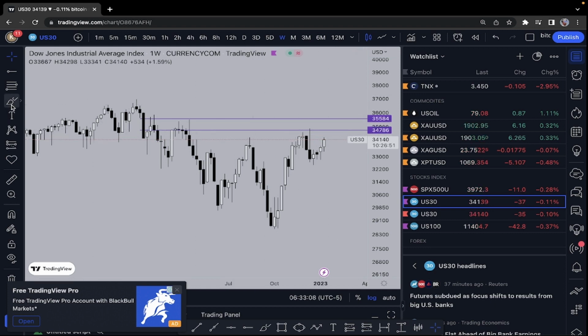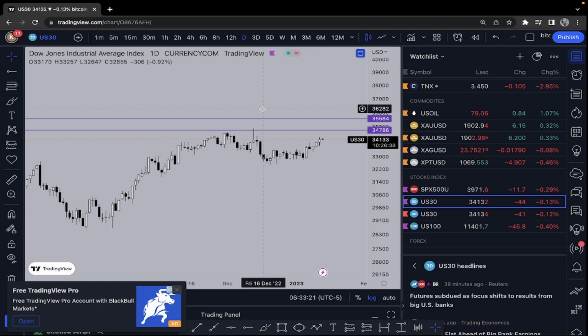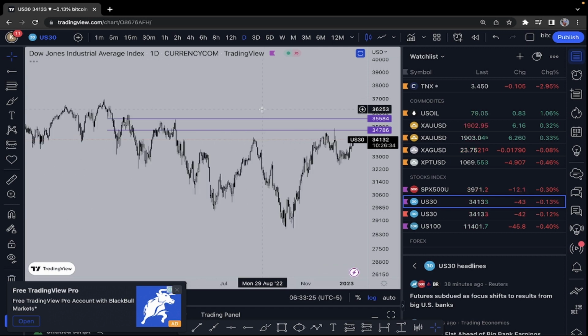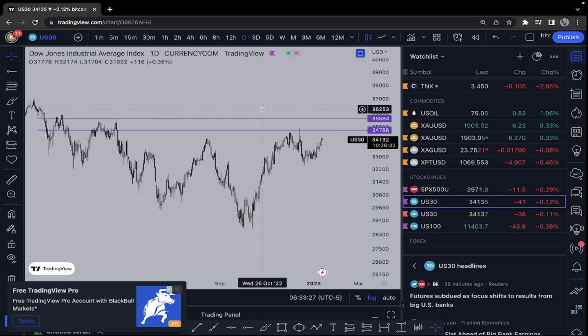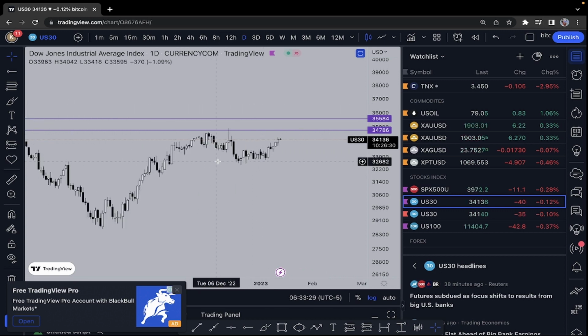So the market could, and I say could with a huge grain of salt, because you still have to take into consideration this price action here. But the reason why I'm not doing that, and we're on the weekly chart, my bad, still remains the same basically, because we already broke above this set of liquidity right here.